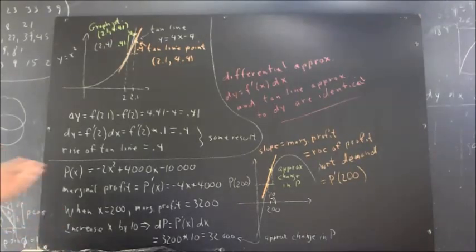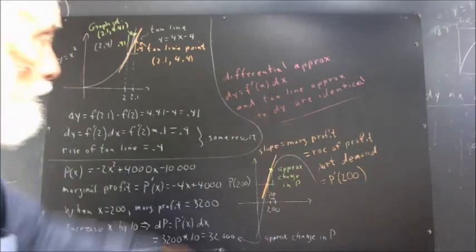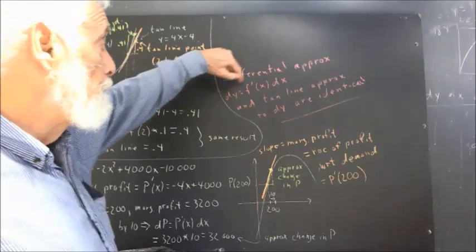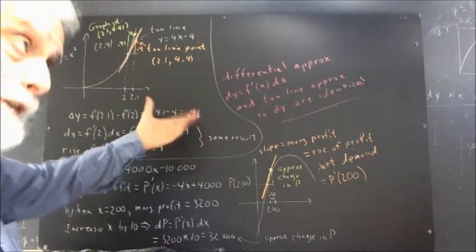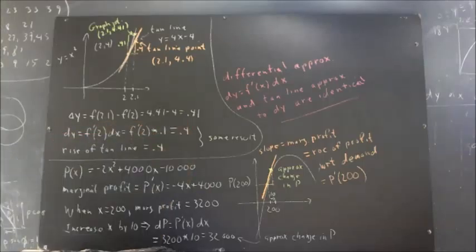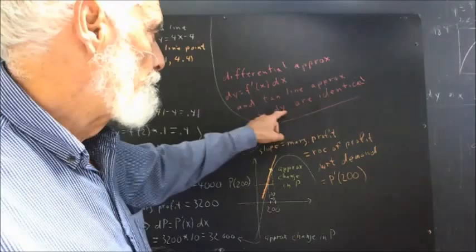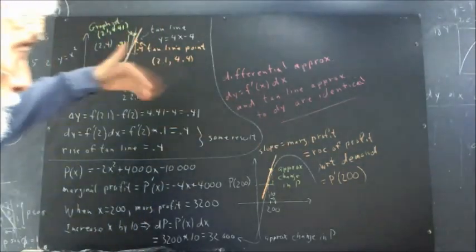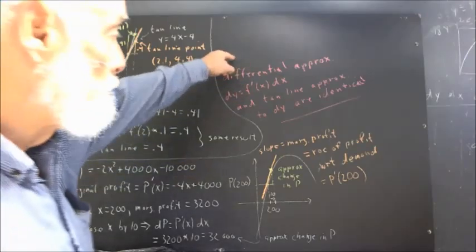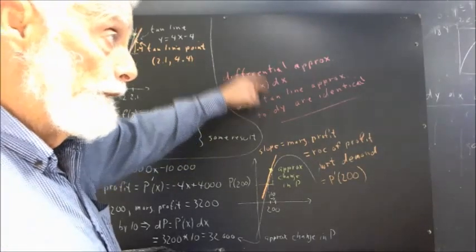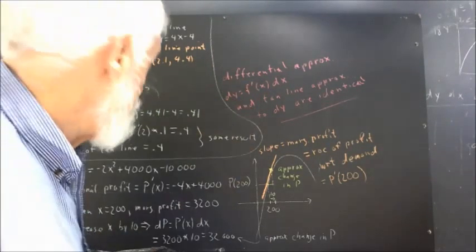We'll end this video clip with the simple statement: the differential approximation dy equals f prime of x dx, as calculated here or for any other function, and the tangent line approximation to dy, the change in the y value, are identical. Differential approximation and tangent line approximation are in this sense identical.